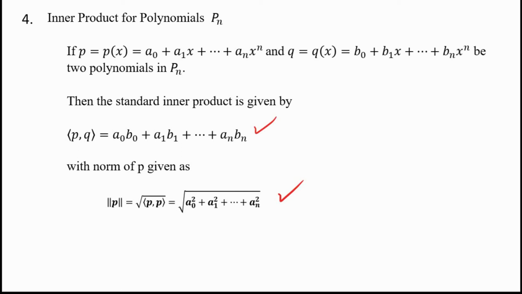One, what is this inner product? And then secondly, how do you define the so-called norm or the magnitude? So the norm tells us how we measure the vector, and then from the norm we can get the distance, right?